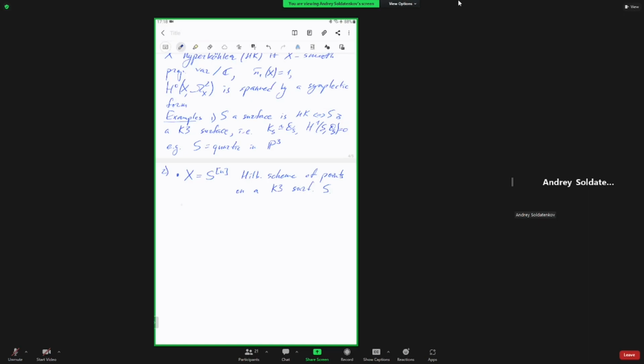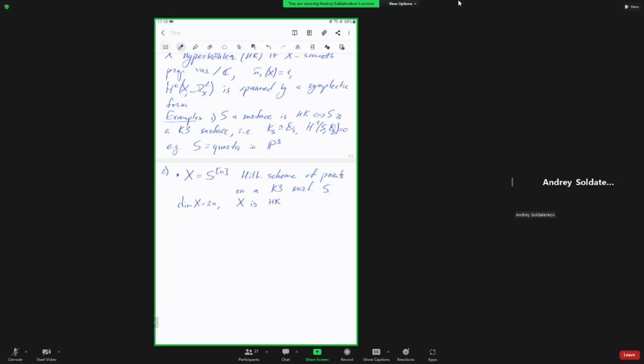Its dimension is 2n, and X is hyperkähler. What is this Hilbert scheme? It's just the usual Hilbert scheme in the sense of algebraic geometry. Strictly speaking, it's a Hilbert scheme of subschemes of finite length, of length n.